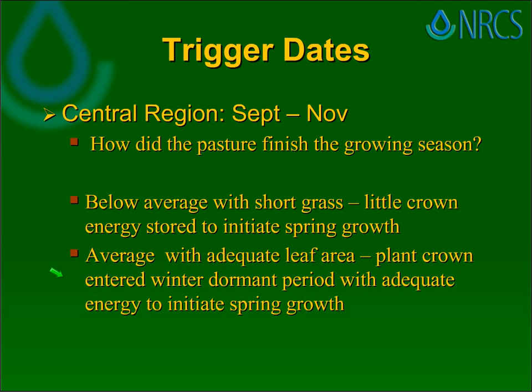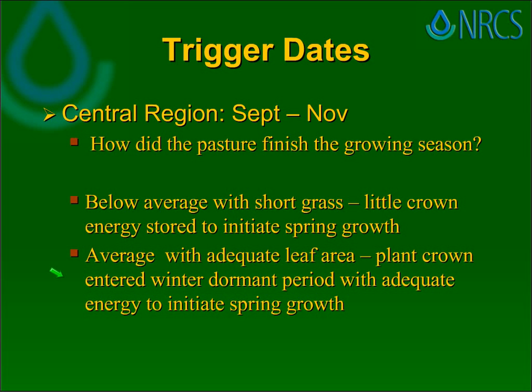In fact, we were really dry up in the north central part of the state last year during June, July, and August. We got a little bit of rain somewhere around the middle of August, and everything greened up a little bit. It grew 3 or 4 inches. The problem was that the cows were still in those pastures, and those cows slicked that new green grass up very rapidly.